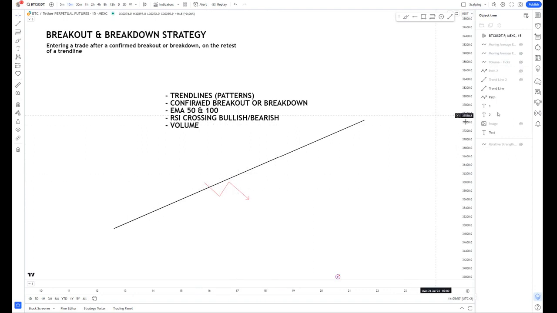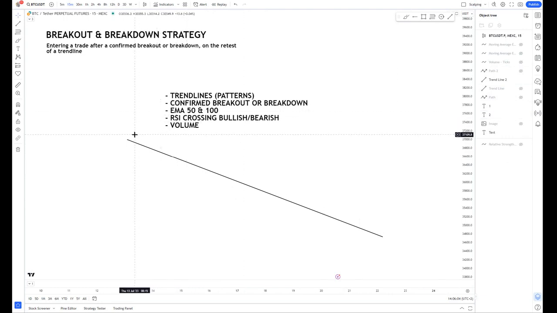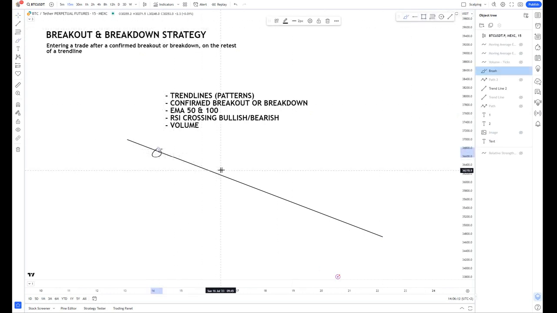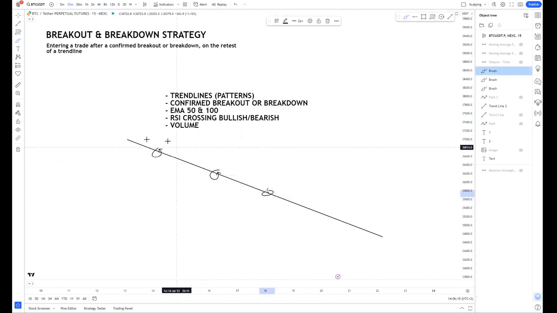This also goes, of course, for a breakout to the upside. So let's say you have a trend line with price making higher lows, like here, and it would be making a higher low here, and you have 3 impact points. Then this would be a trend line to watch for a breakout.